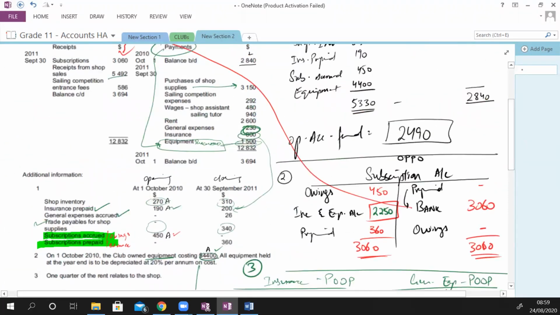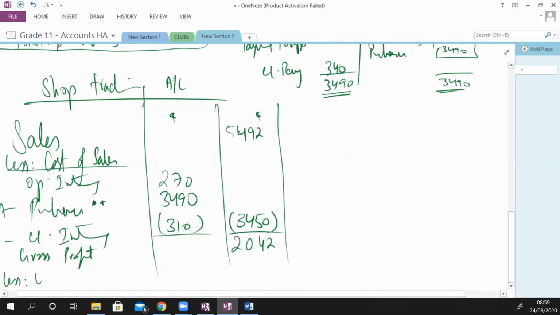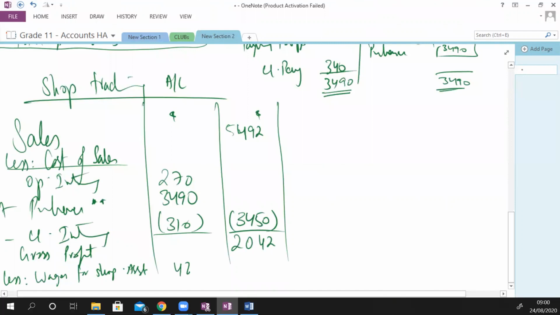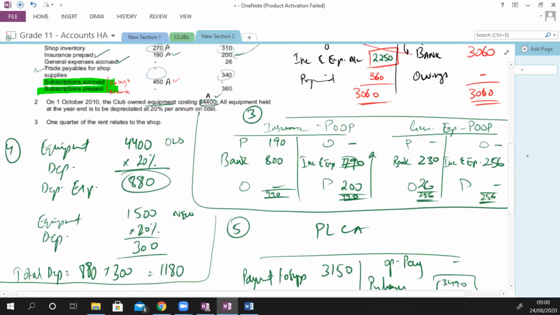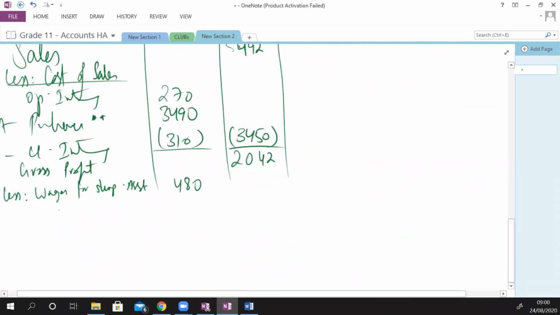Less expenses that relate to shop. सबसे पहले wages दिए हुए थे shop assistant की, ठीक है, तो wages ले लेंगे. Wages for shop assistant and the amount was 480, and there was an adjustment. 1/4 of rent relates to shop, so the value of rent is 2600. ठीक है, rent 2600 का 1/4 relates to shop, so this would be 650.